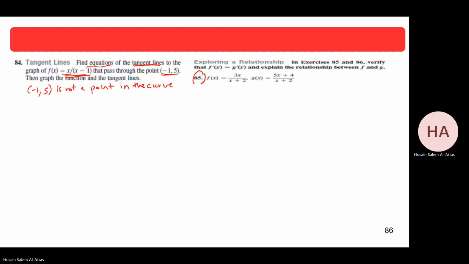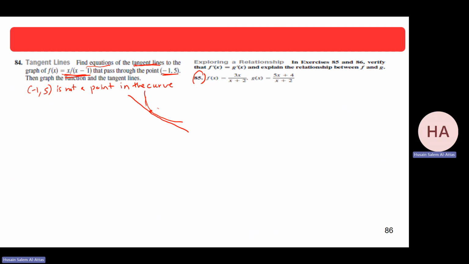Okay. So what will I do to find the equation? Just to sketch it to be sure what happened. We have a curve. Assume I have a curve, and there's a tangent line here. I don't know where the tangent line is.